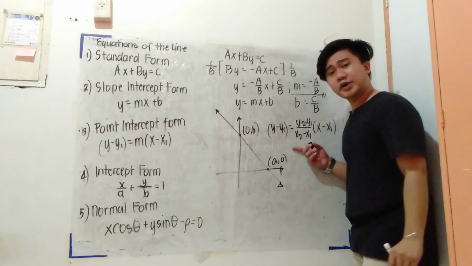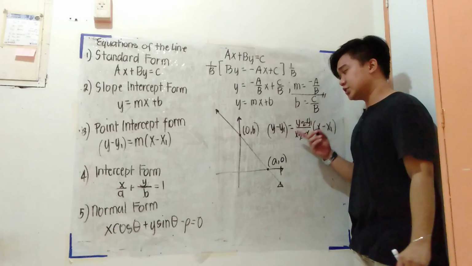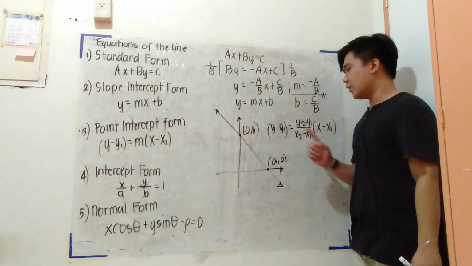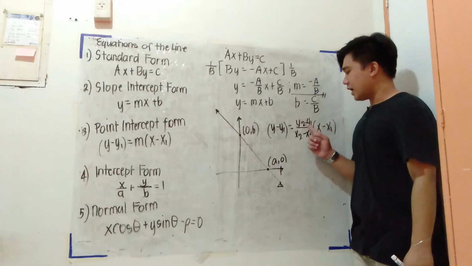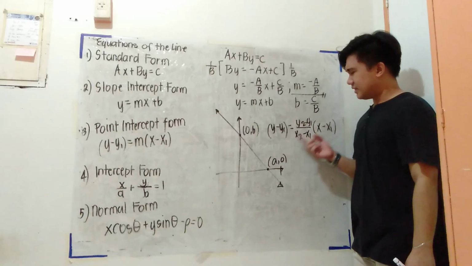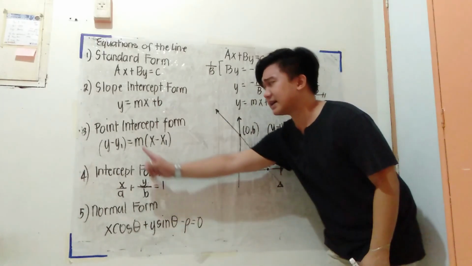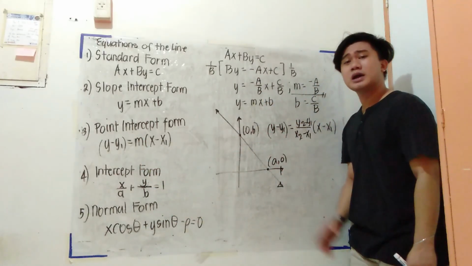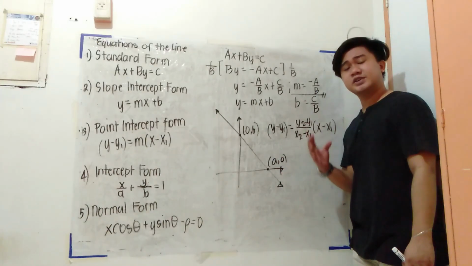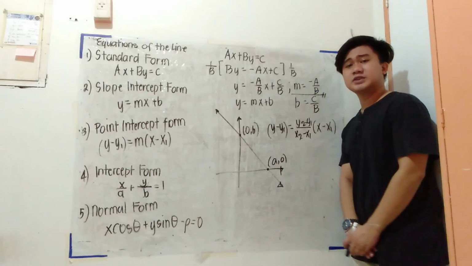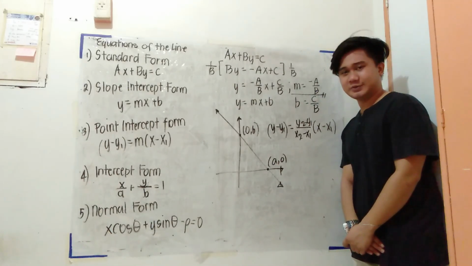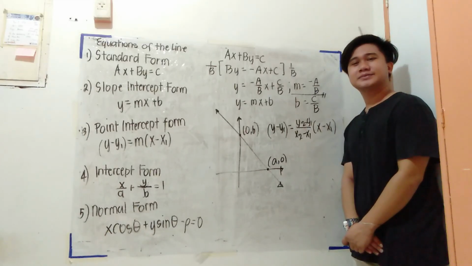Ito po yung two-point form because we are utilizing 2 points, the point x1, y1, and the point x2, y2. Pero still, di ba, ito naman is formula lang ng slope. Kaya hindi ka po masyadong nahihirapan. Knowing the equations of the line, it will be easier for you to decide kung aling equation yung gagamitin mo, depende sa problem na tinatanong sa inyo. So, please copy.